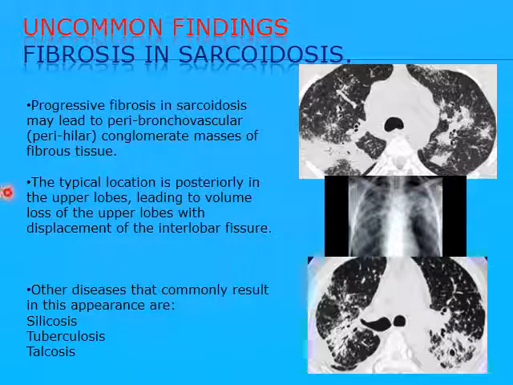The typical location of these lesions is in the upper lobes, posterior aspects. This is very characteristic, with displacement of the interlobular fissure toward them because there is fibrosis. Other diseases that can present with these fibrotic masses include TB, talcosis, and silicosis. We will see.